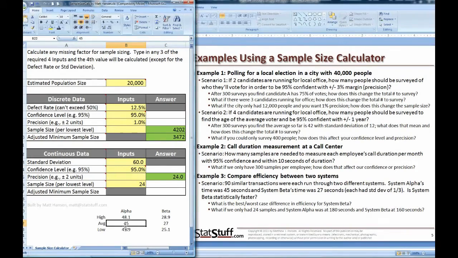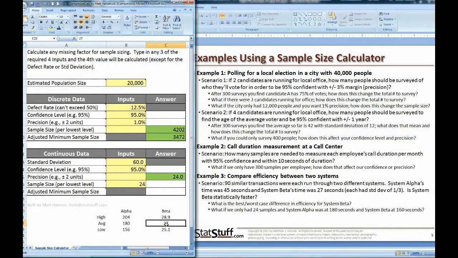We'll plug in the average of 180 seconds, and add 24 to that and subtract 24, because 24 seconds is the precision for system alpha. So the average performance is 180, but the true average is going to fall somewhere between 156 and 204, so it's a pretty wide range.